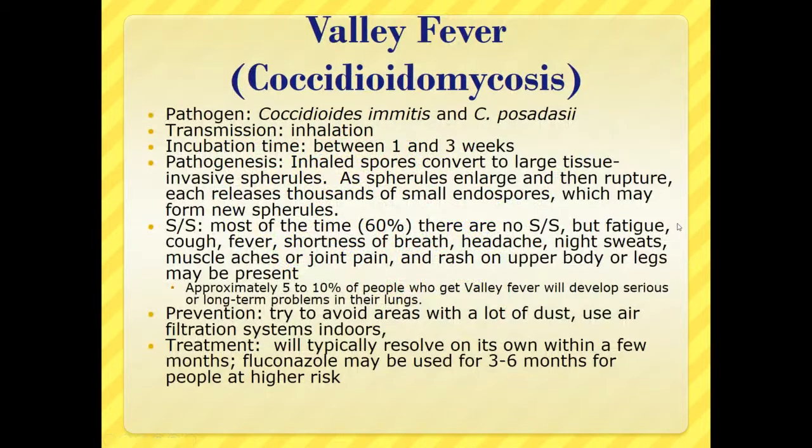So another fungal disease is valley fever or coccidioidomycosis. Most of the time, again, there are no signs and symptoms, but fatigue, cough, fever, shortness of breath, headaches, rash. Only about 5 to 10% of people who contract valley fever ever have any of the serious complications.